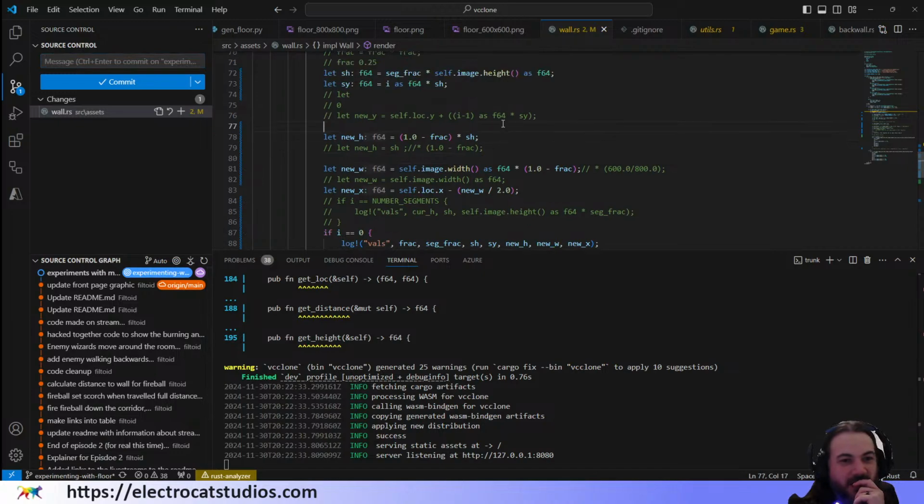And yeah, I think actually the simplest thing is going to be to just draw, like I had before. The floors were drawn as a triangle, and I think that's probably the best way to do this. But in order to do that, I think I'm going to need some way of overlaying stuff.